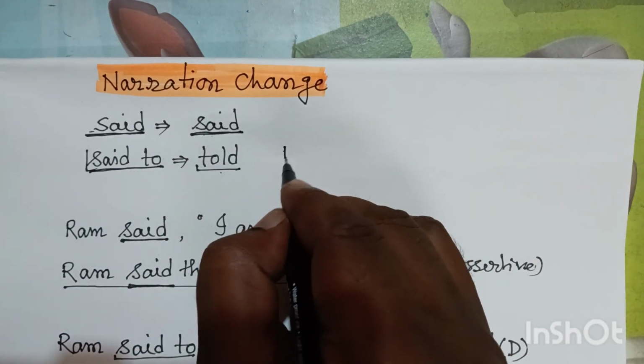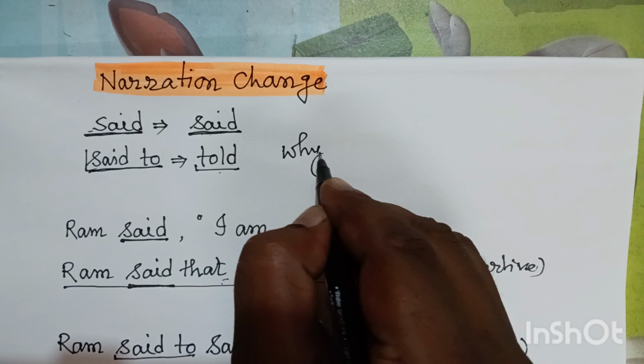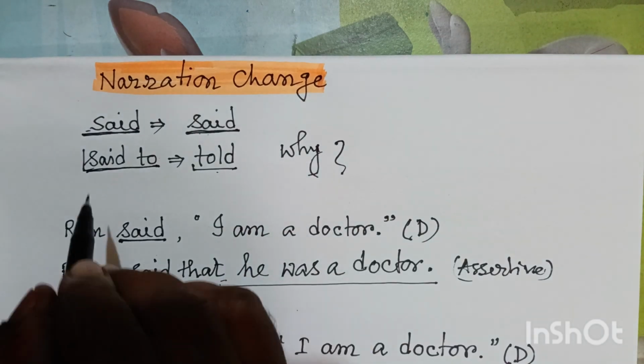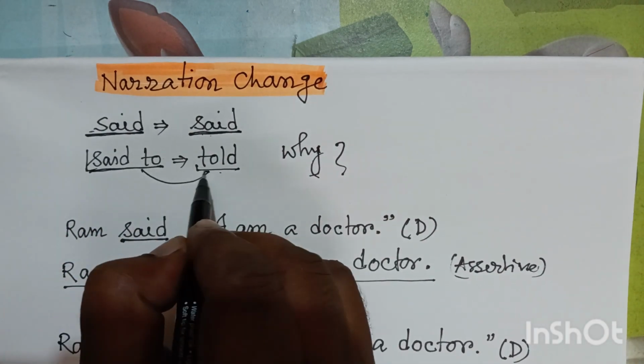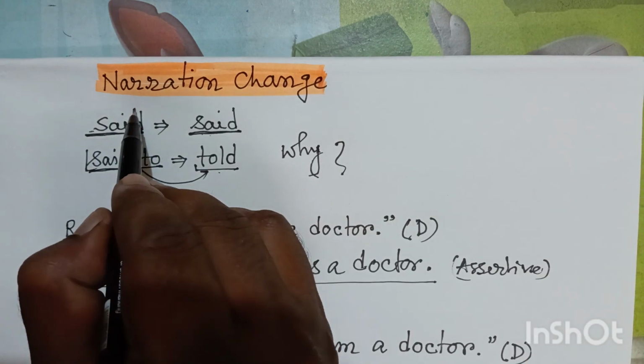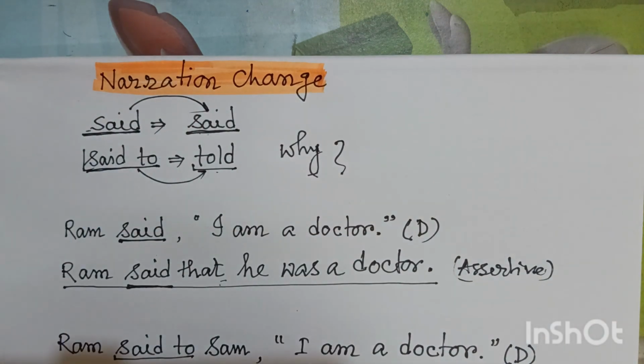But we have to know the reason why we change here and why it remains unchanged. My dear friends, if you watch this video entirely, I am sure the concept will be clear to you.